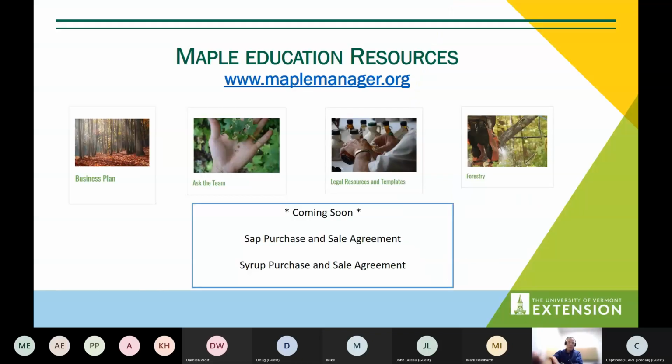Many of you have been to our website, www.maplemanager.org. I want to give you a heads up that we are working with legal professionals on the SAP purchase and sale agreement. We're also working with them for a boilerplate template on a syrup purchase and sales agreement. Those agreements aren't ready yet. We had hoped to have them available to share tonight, but they should be forthcoming in the next couple months.